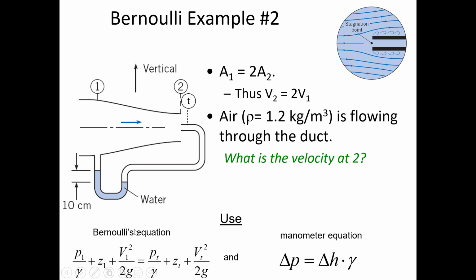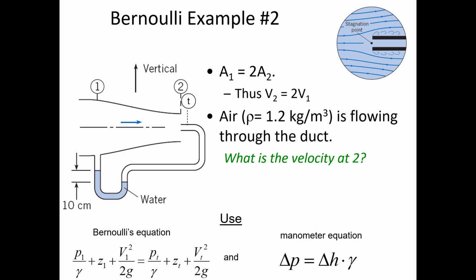So what's known and what's unknown? Okay, so at 1, we don't know the pressure. The elevation Z1 equals ZT, so that cancels out. So let's simplify Bernoulli's equation.